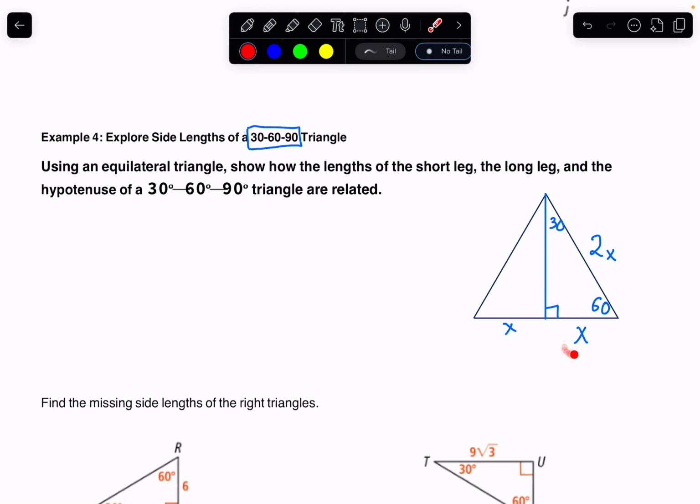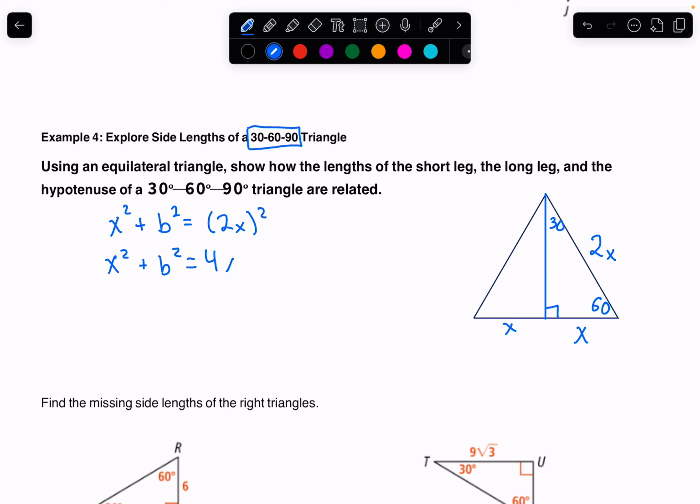So we will take our short side, x squared, plus we don't know b, so b squared equals 2x squared. And we'll solve that. So x squared plus b squared equals 2x squared, which is equivalent to 4x squared. Then combine your like terms, solve, right?